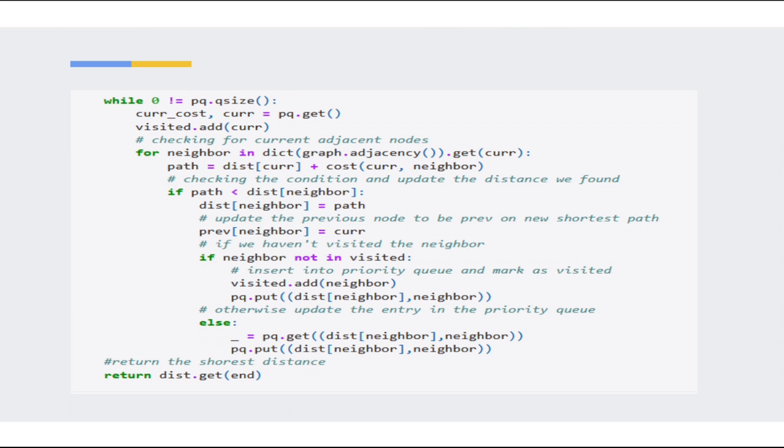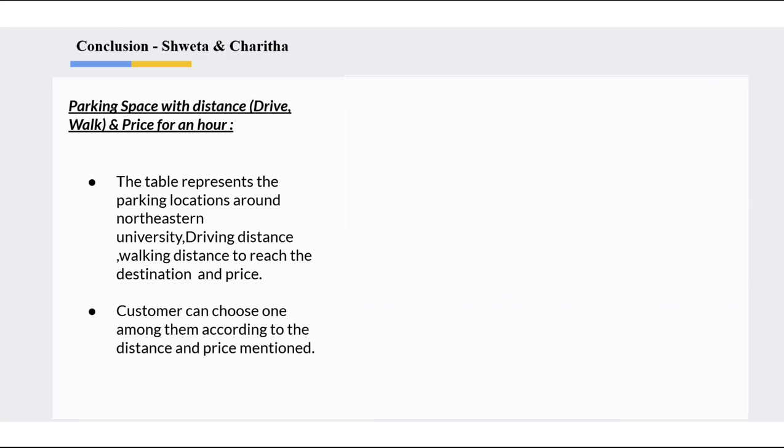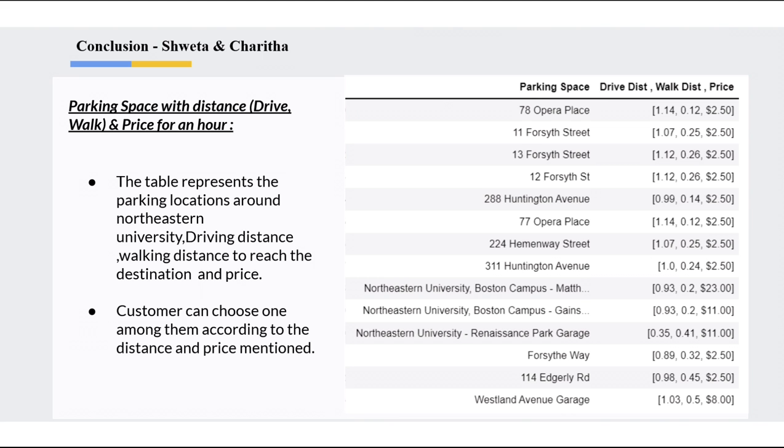So I conclude that this parking system, which used a modification of Dijkstra's, has been successfully developed. The system has provided a more convenient parking system for the user. The users are able to park their vehicles at the nearest parking lot of Northeastern University without searching for it.